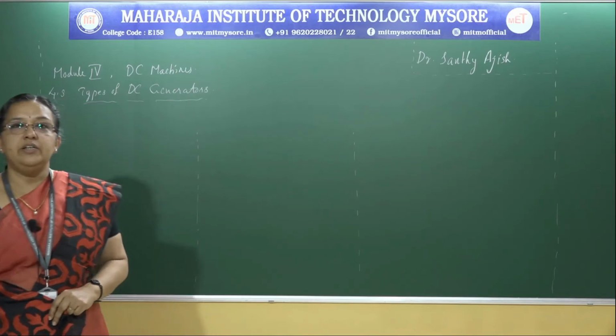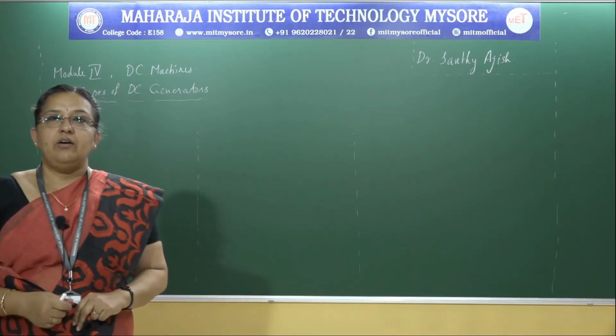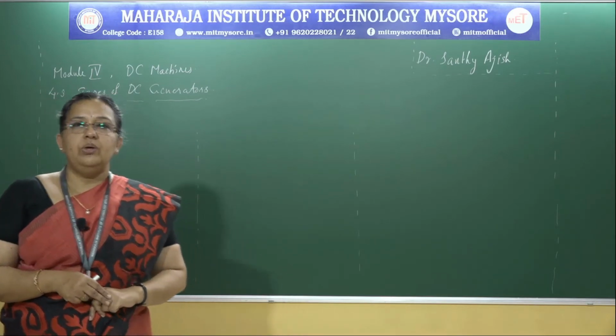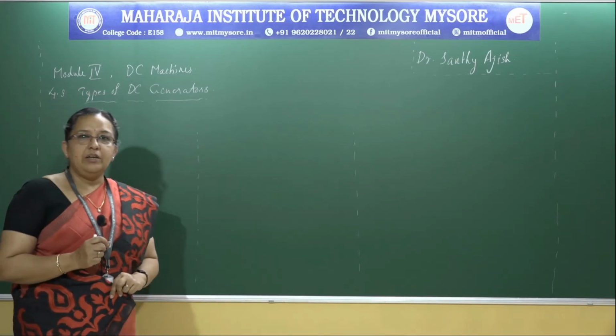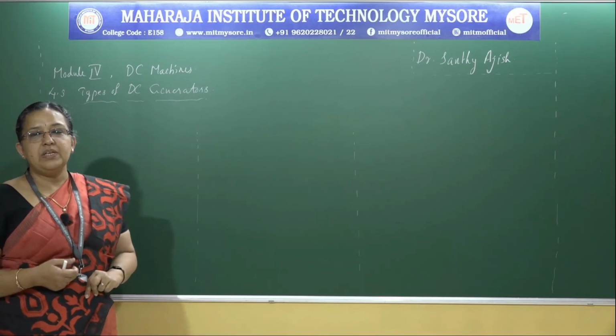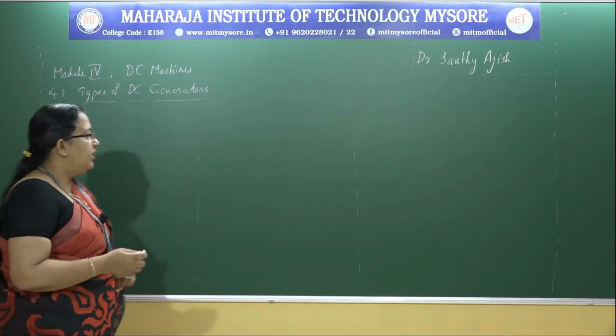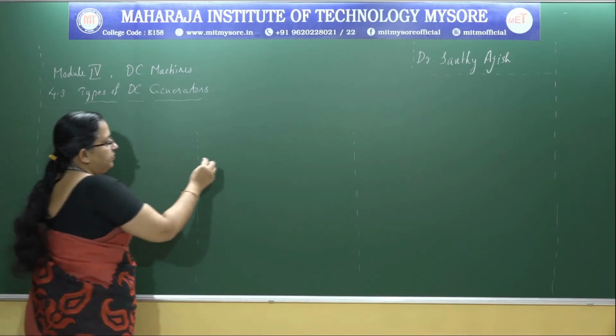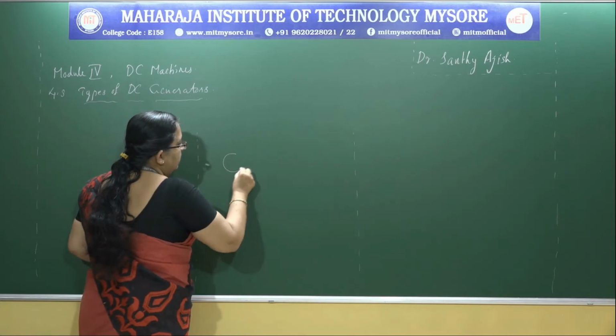DC generators are classified according to the type of field connection. So before going to that, let me say how you represent, or what is the symbol for, a DC generator. To represent a DC generator we make use of a circle.